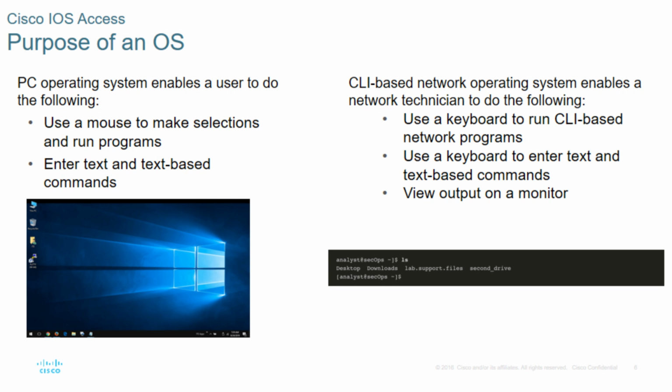But a CLI-based network operating system, for example Cisco IOS on a switch or router, enables a network technician to use a keyboard to run CLI-based network programs, use a keyboard to enter text and text-based commands, and view output on a monitor, right?